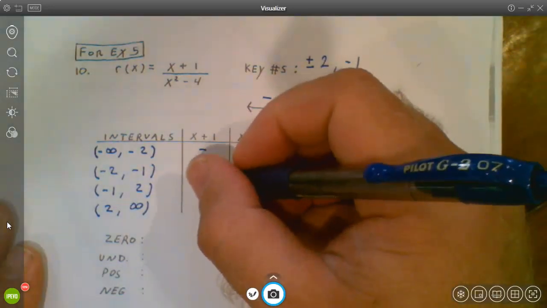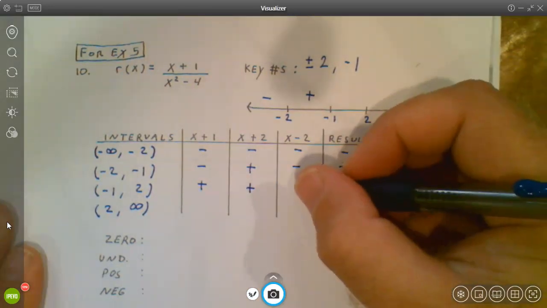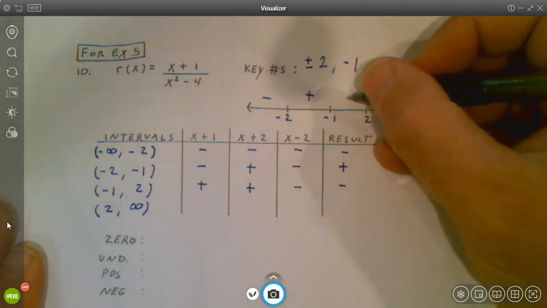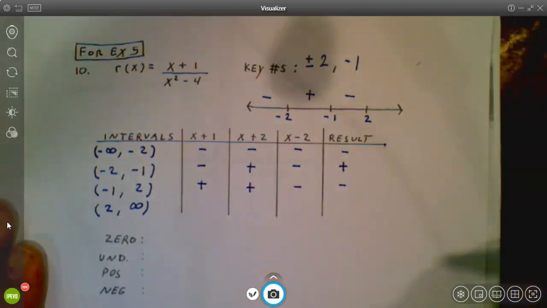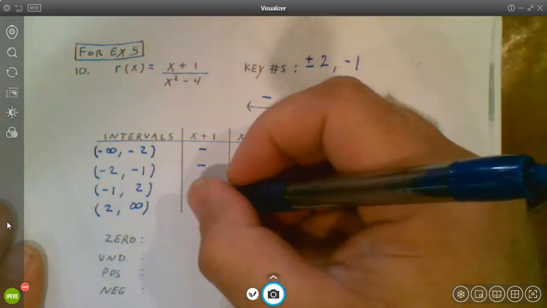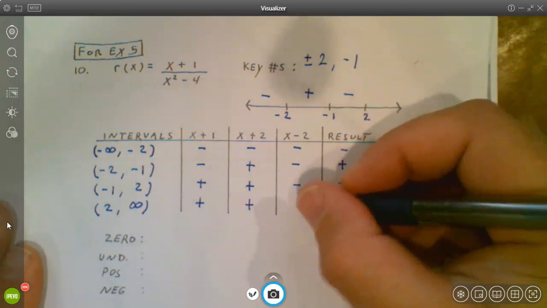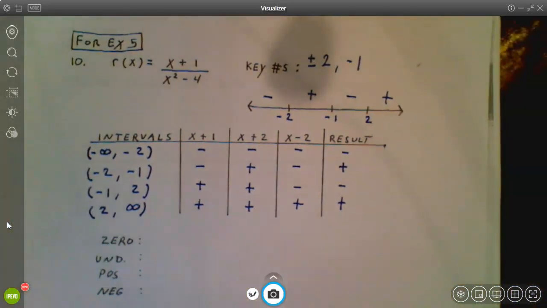So 0 plus 1, 0 plus 2, 0 minus 2, so we can see that overall is negative. Last one, plug a 3 in there, so 3 plus 1, 3 plus 2, 3 minus 2, and we're looking at a positive section of the graph. So we've now identified what sections of the graph are positive or negative.